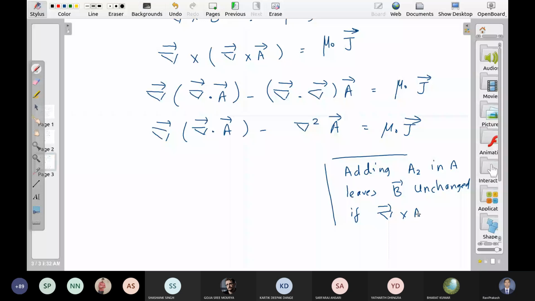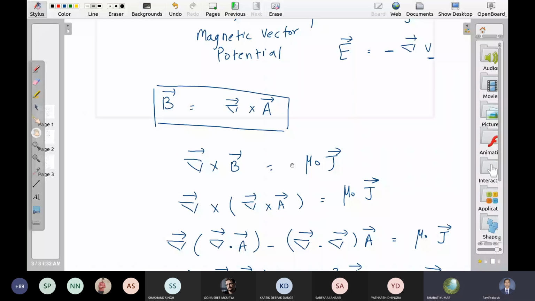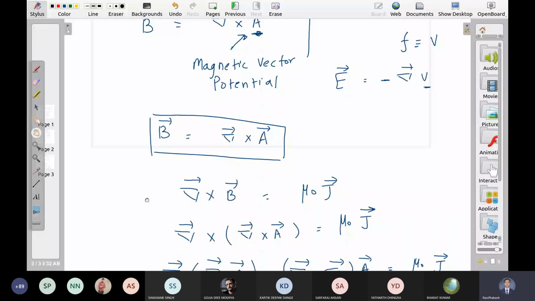Do you agree? If I add something in A whose curl is 0, will it have any effect on B? No, sir. Right. So I can add anything into A whose curl is 0. Yes.